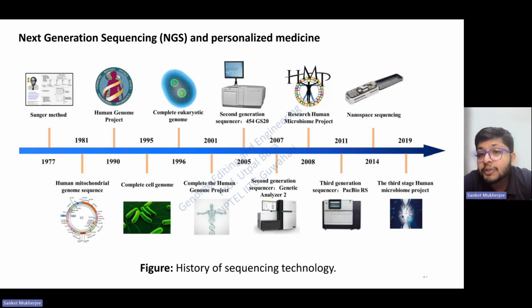And it was around 2005 that we had second generation sequencing. Second generation sequencing is a little bit different. That involves slightly different processes. And then we had the second gen sequence analyzer for analyzing the sequence data.